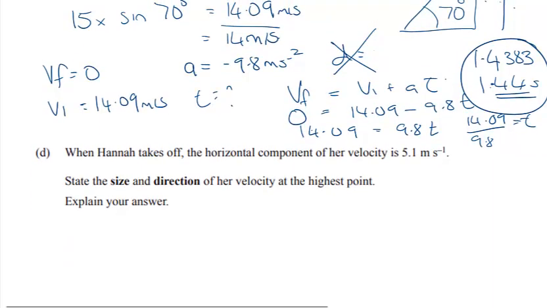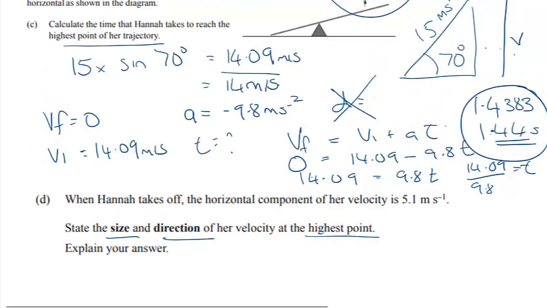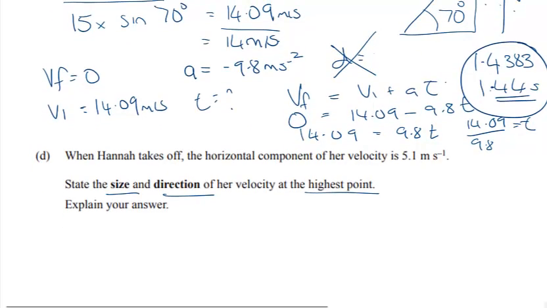Now, what is the size and direction of velocity at the highest point? Okay, so this is similar to the previous question again. So if she's going at 5.1 meters per second at the highest point, it's going to still be that velocity.